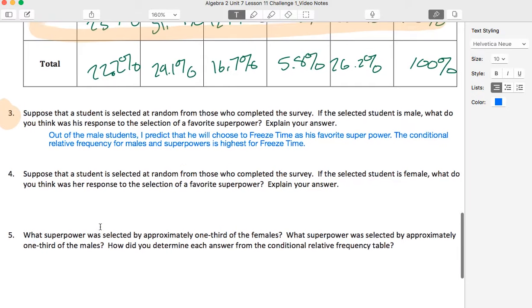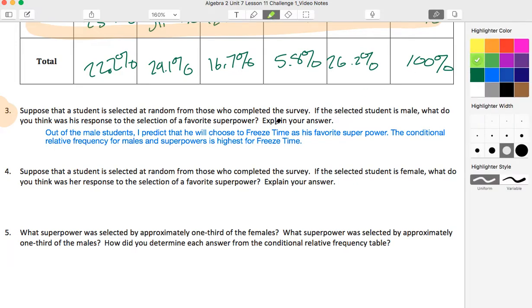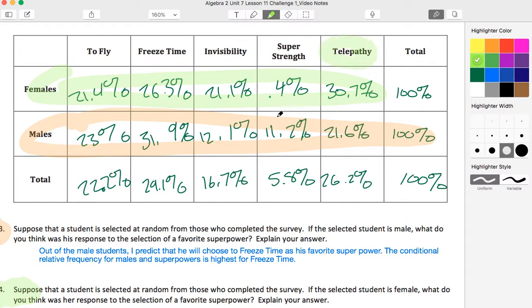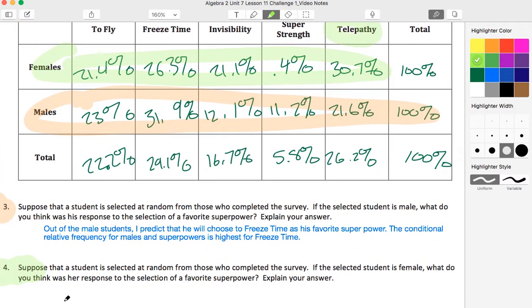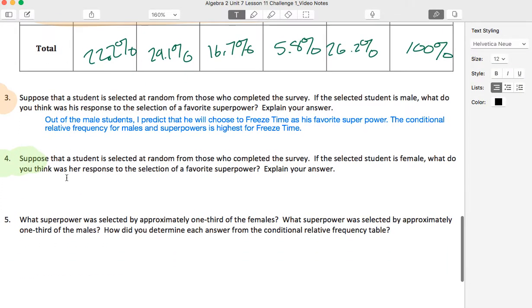The next question is the same, but for females. Suppose that a student is selected at random from those who completed the survey. If the selected student is female, what do you think her response to favorite superpower is? So I'm going to look at just the female percentages. I take a look, 21, 26, 21.4, 30, oh, this one, 30.7%. Telepathy. I'm not going to start making associations, but maybe there's a reason why women and the thinking superpower happen. I don't know.